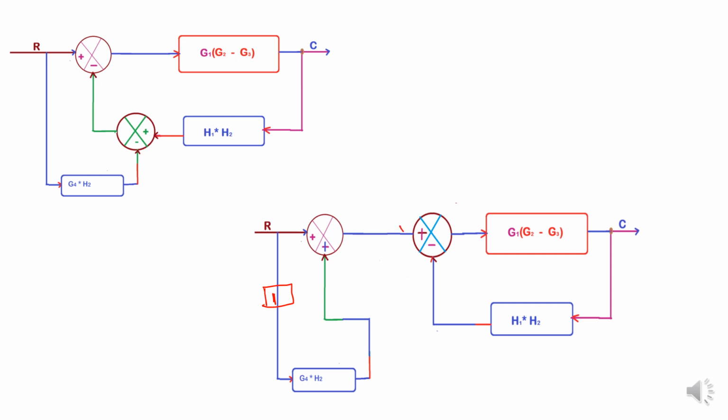And next it is connected to the next summing point. Here H1 and H2. This is connected to the positive terminal. Again it is connected to the negative terminal. So positive and negative will give the value negative. So H1 and H2 is connected to the negative terminal of the second summing point.